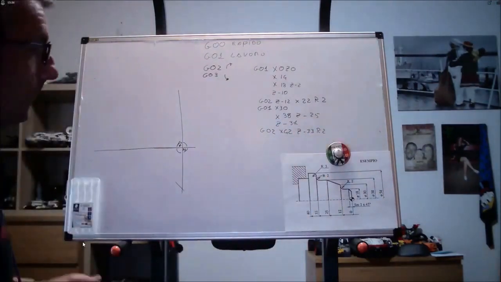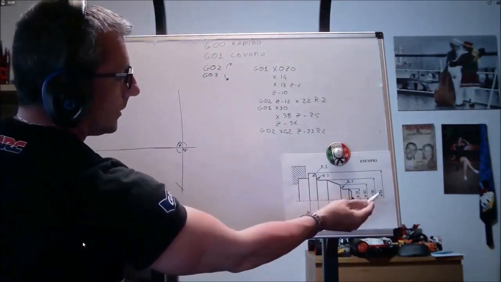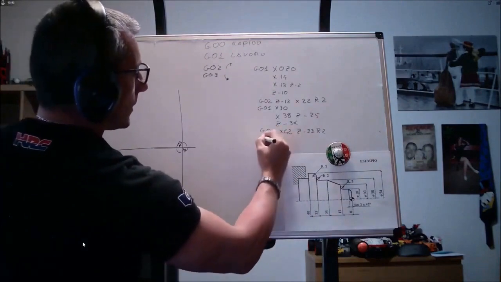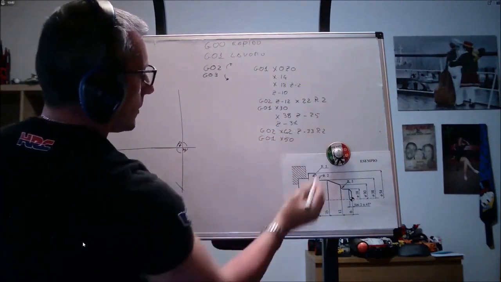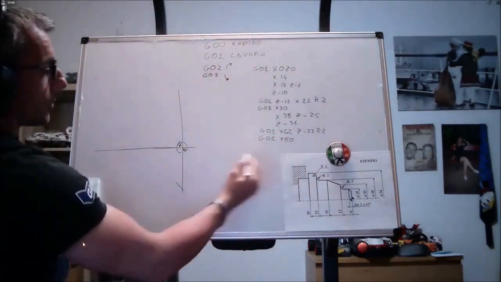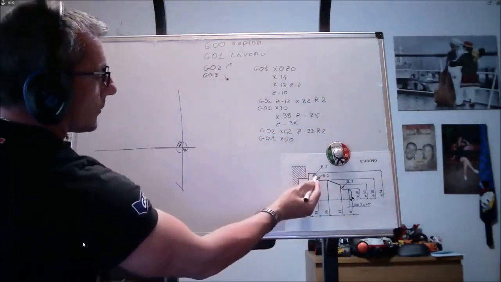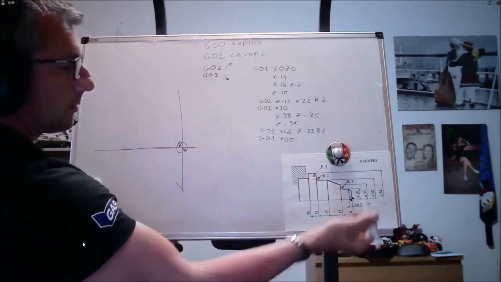Are we there? Perfect. I need to go to X54 minus 2 times the radius, so X50. Be careful. G01, X50. And then I move. I translate to not shift the drawing. I will be here. I will have to traverse this small radius counterclockwise.